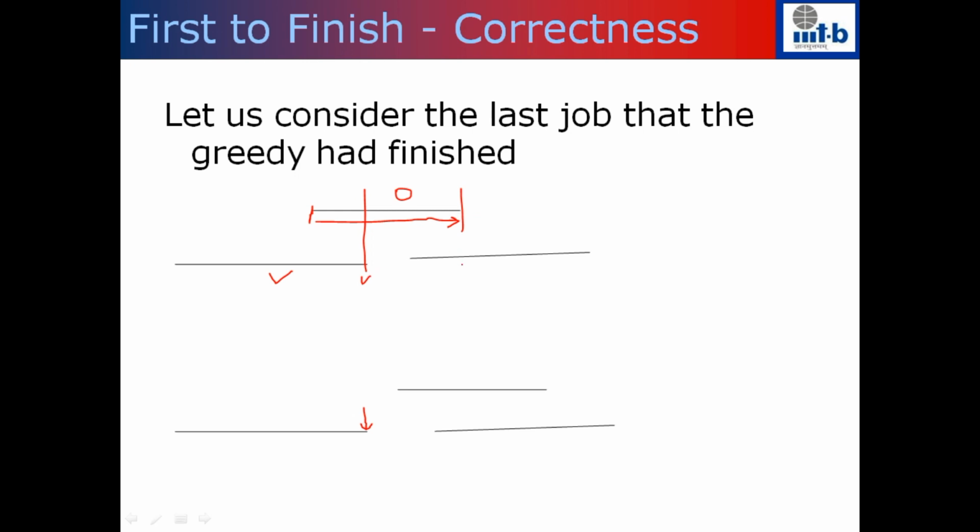But t0 is the first time when the optimum is doing more jobs than the greedy algorithm. So if you take an interval just before t0, both the algorithms have finished the same number of jobs. But for the greedy, the number of jobs completed will increase by 1 here, right?